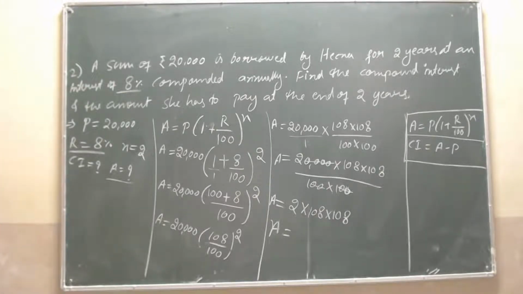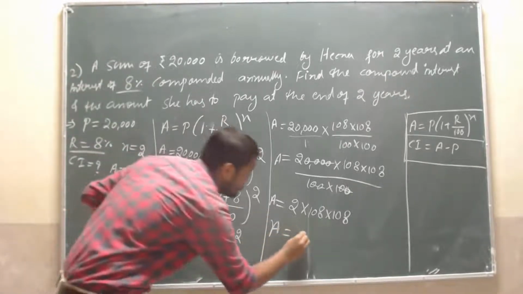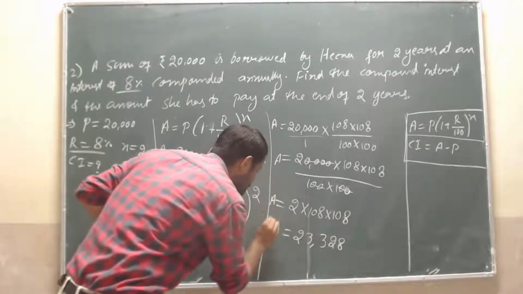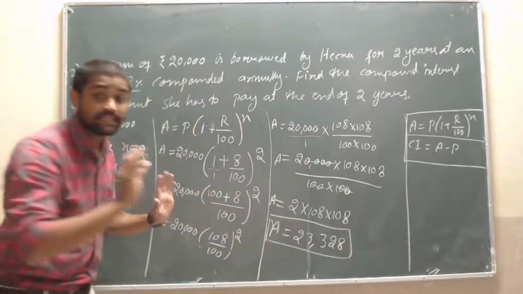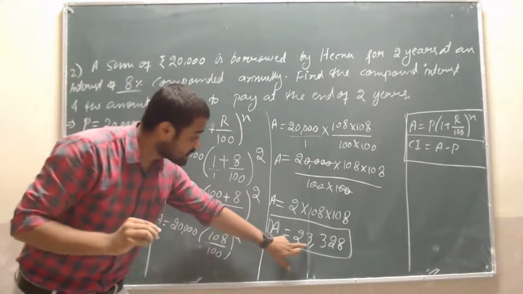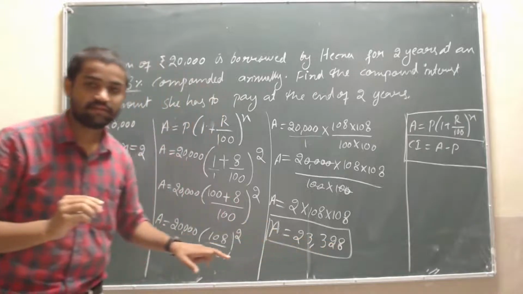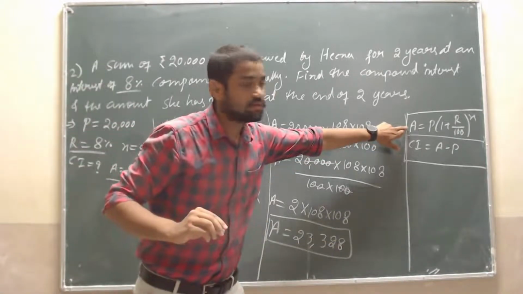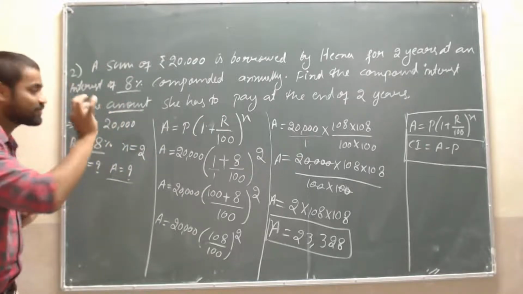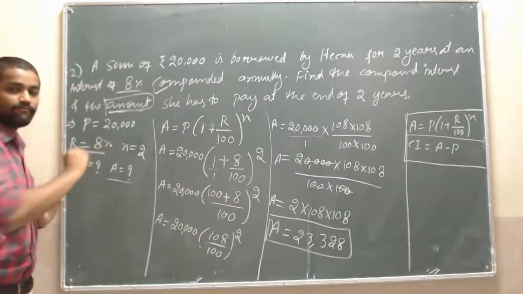That is 23,328. What is this? Amount. It's just the amount, students. That is 23,328. This is the amount. Sir, how to find the amount, sir? It is clear.